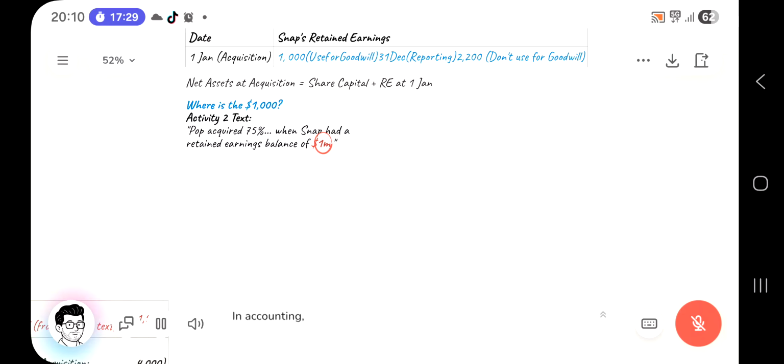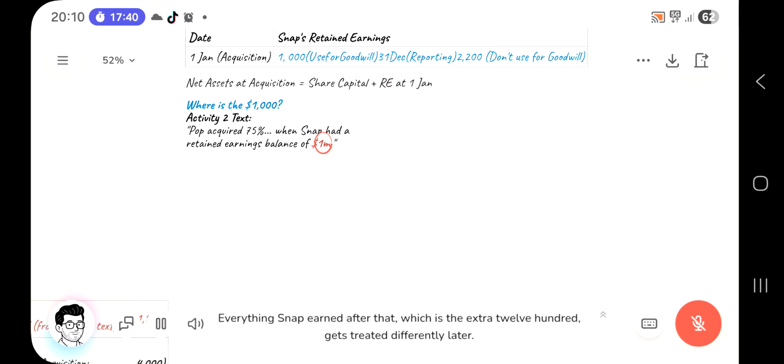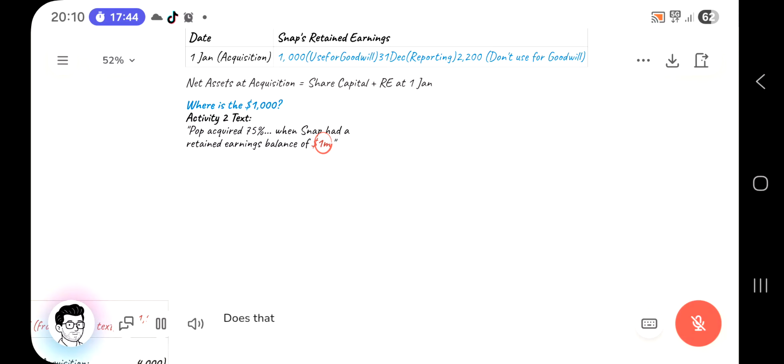In accounting, we call that the pre-acquisition retained earnings. Everything Snap earned after that, which is the extra 1,200, gets treated differently later. Does that clear up where that 1,000 came from? It's easy to miss when you're looking at the big table.